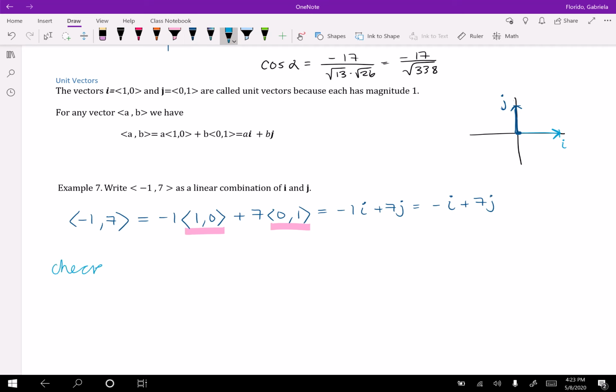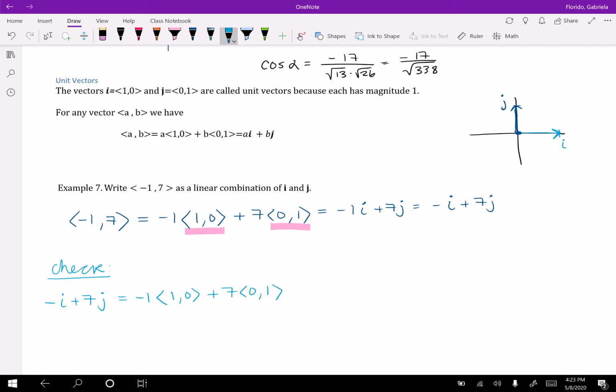So we're going to go backwards. We have negative i plus 7j. If we expand this out, we get negative 1 times the vector i, which is defined to be 1, comma 0, plus 7, my scalar, times my vector j, which is defined to be 0, comma 1.